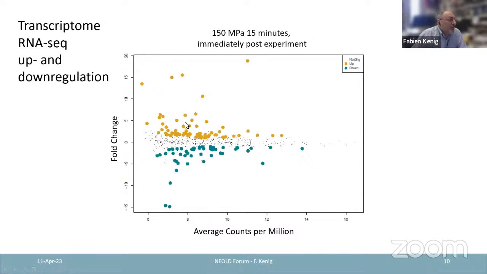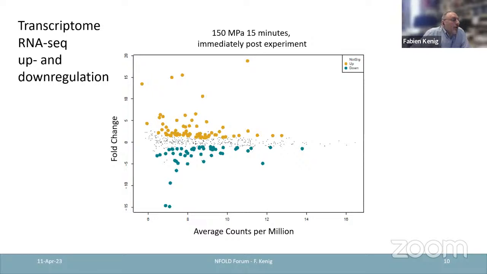So the transcriptome data also indicate growth and changes. You have here a so-called MA plot, looking at the RNA sequence, and essentially put in brown the transcripts that are significantly upregulated, and in green those which are downregulated.